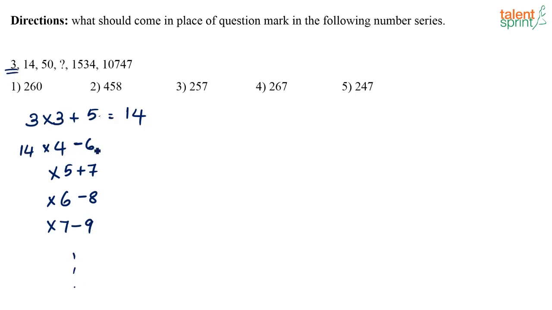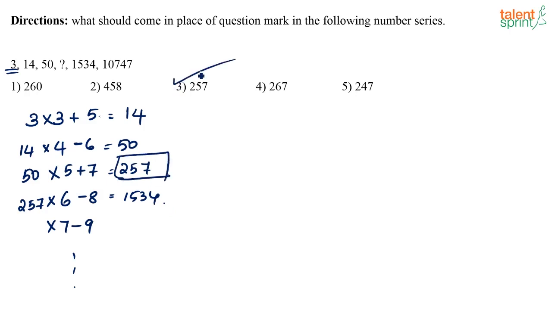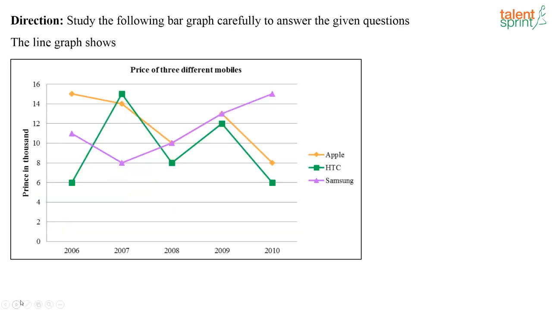So 14 into 4 minus 6, you get 50. So next is 50 into 5 plus 7, which is equal to 257. So next is 257 into 6 minus 8, which is equal to 1534, and so on. So the missing number here is 257. Option 3.